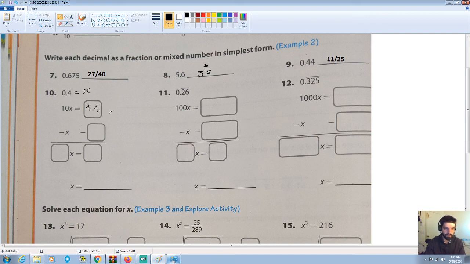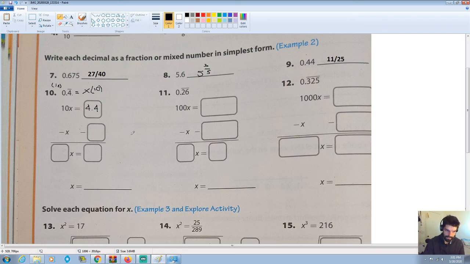That's very important. We multiplied the left by 10 and the right by 10, which gives us that 10x is equal to 4.4. Because remember, if we multiply 0.4 by 10, we move the decimal to the right, but since it's 0.444 repeating, we get 4.4.